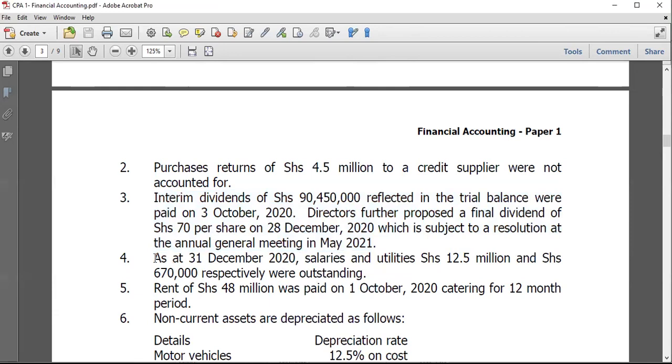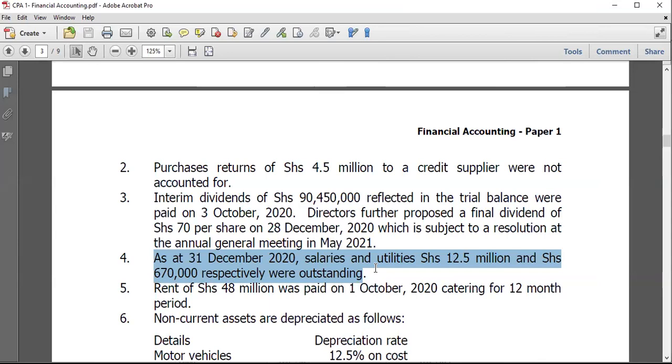It says that at 31st December 2020, salaries of shillings 12.5 and utilities of shillings 670 were outstanding, were not paid. Basically, outstanding are also accrued.